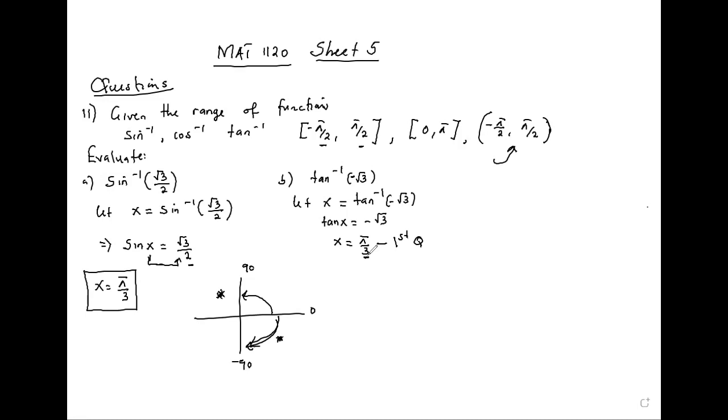So that angle, theta, is going to be 360. Now let me just use radians. 2 pi minus 60, which is pi over 3. You're talking of 300 here. This is 6 pi over 3 minus pi over 3, which is 5 pi over 3.